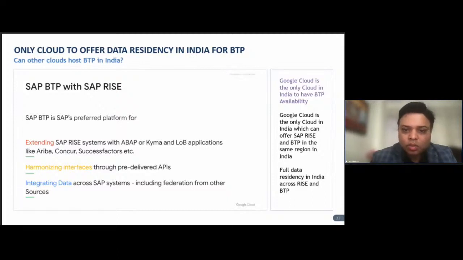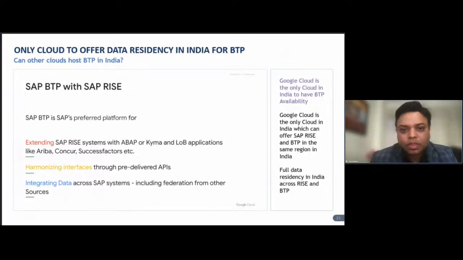Any SAP installation happening today in the country consists of RISE as well as BTP components. Therefore, it is very important to have the ability to host BTP as well as RISE within India next to each other. So that is what Google's unique value proposition is all about.